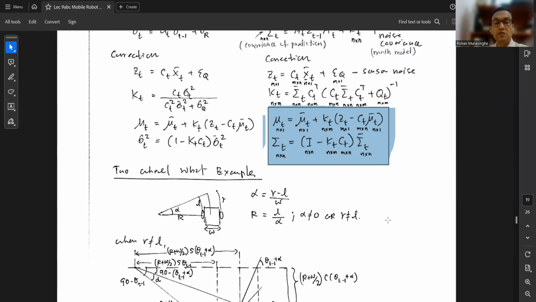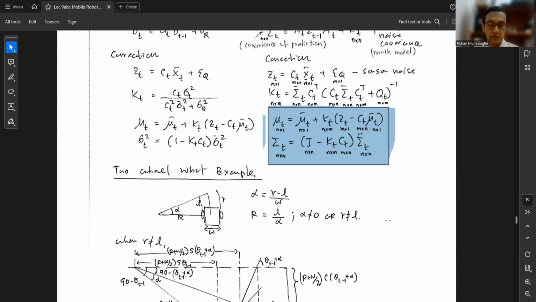Now, I think we want to implement this extended Kalman filter based self-localization of a mobile robot, right? Then only you will be able to understand all these equations and how to get these equations into an actual problem, right?